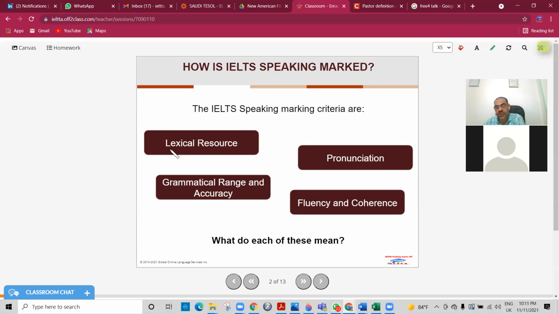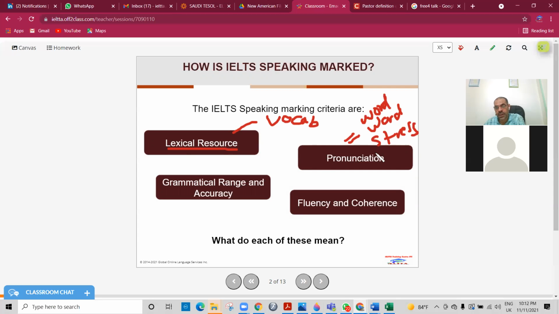So we have the lexical resource, which is related to the use of your vocab. And then we have pronunciation, correct pronunciation, which includes correct pronunciation for single or individual words, word stress, and connected speech or linking words.